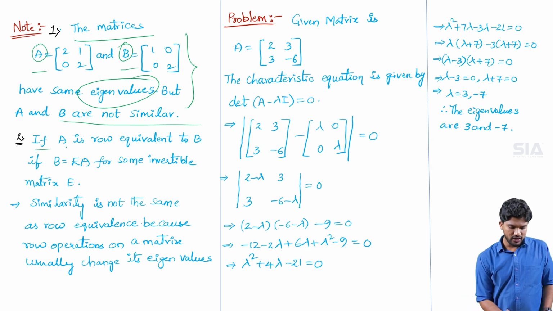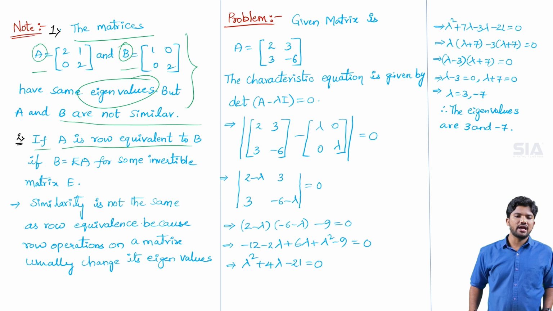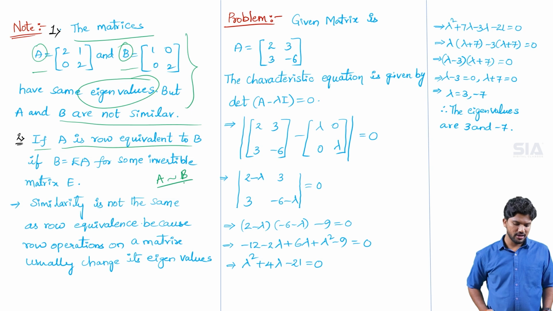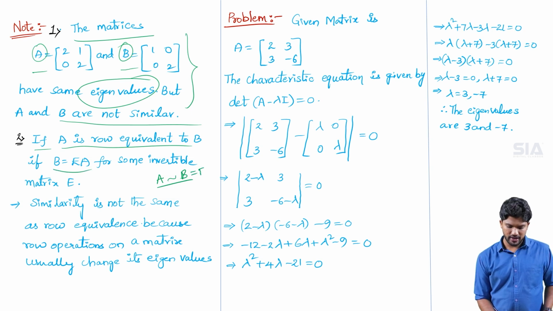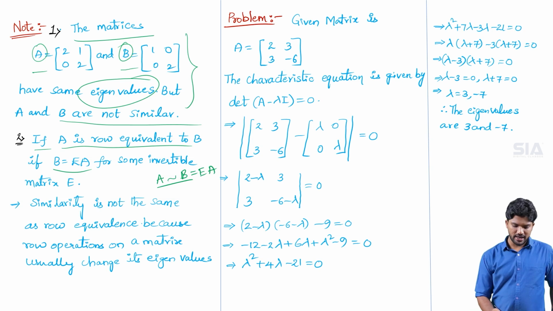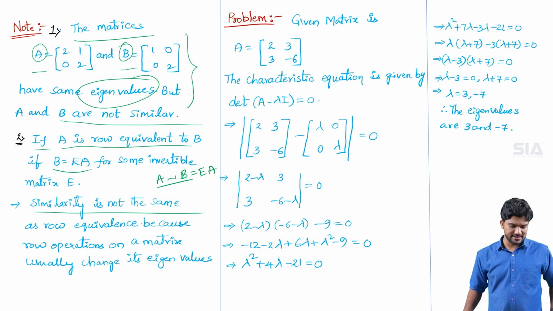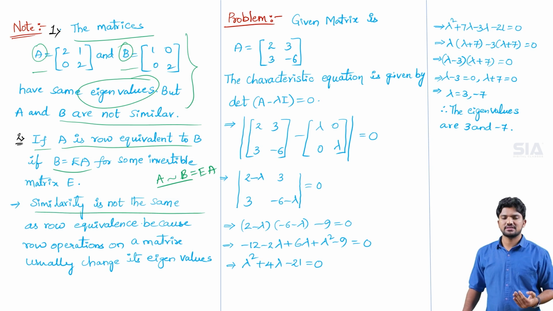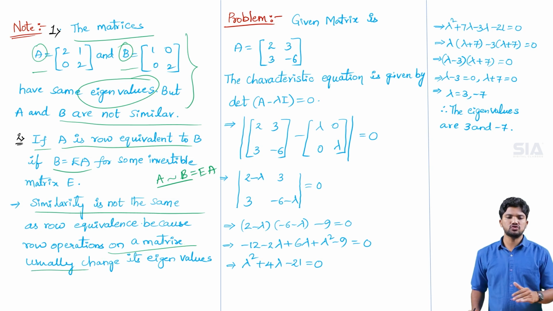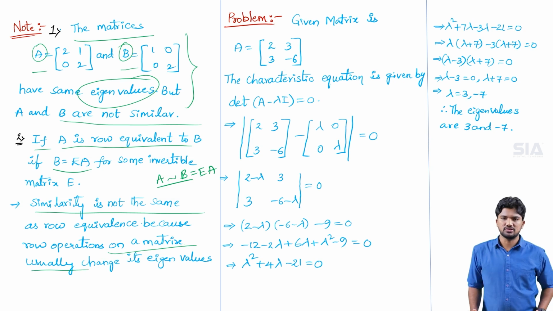Next, the second note point: if capital A is row equivalent to capital B. Okay, so we can say that capital A is row equivalent to capital B whenever B is equal to capital E into A, for some invertible matrix capital E. Okay, so therefore similarity is not the same as row equivalence. Why? Because the row operations on a matrix usually change its eigenvalues.